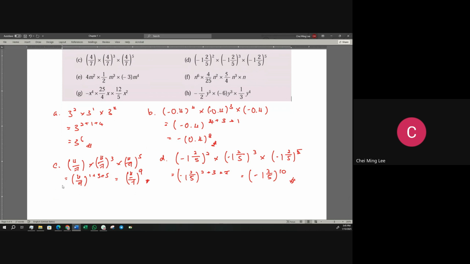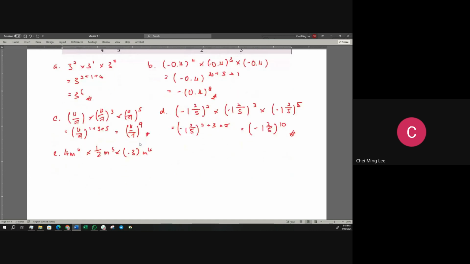Okay. Now for E, because the way of looking is different, I have to show here. For this one, you see there's a number and non-number, right? So we jot down first 4m squared times 1 over 2m cubed times negative 3m to the power of 4. So it can be divided into 2.